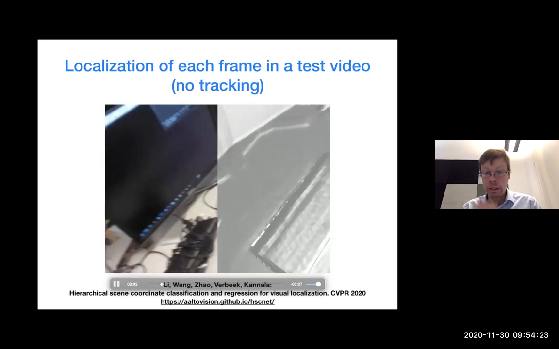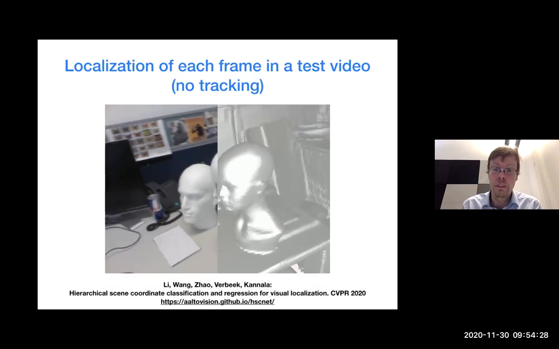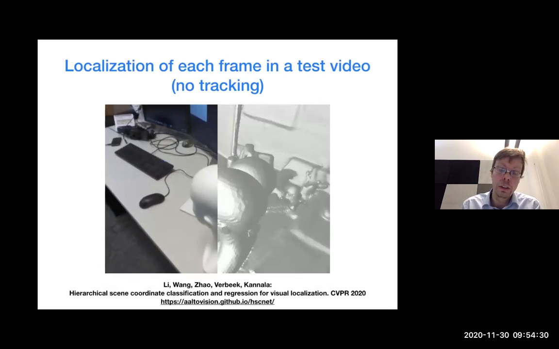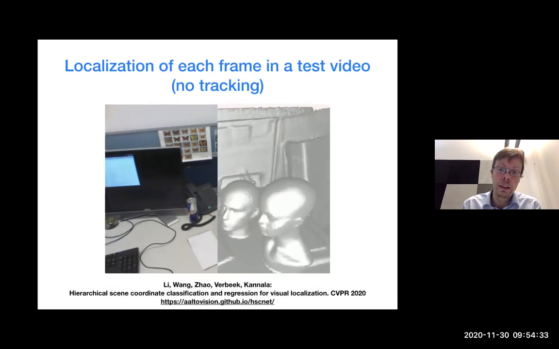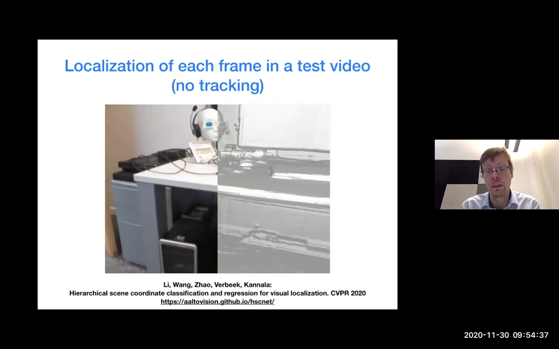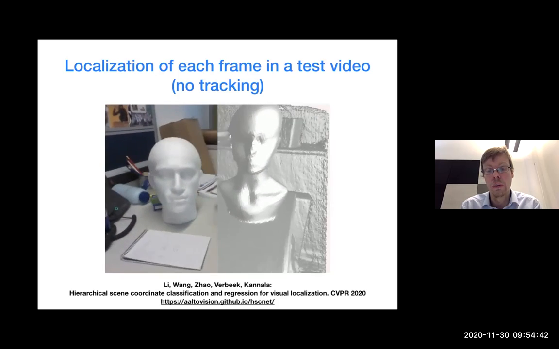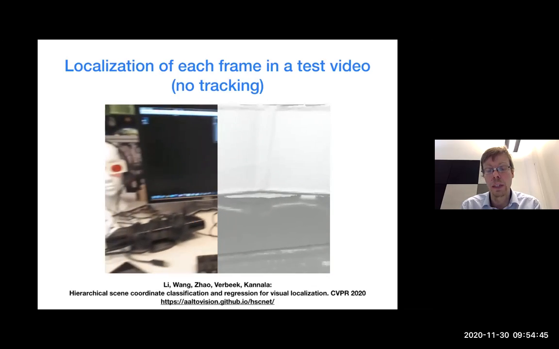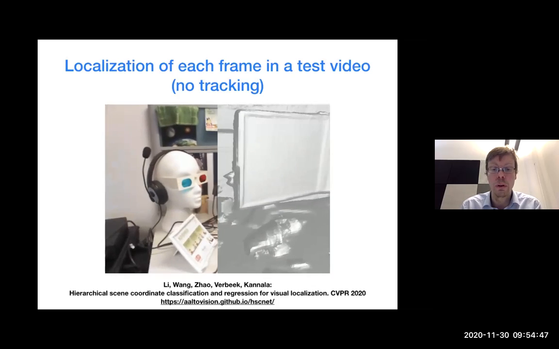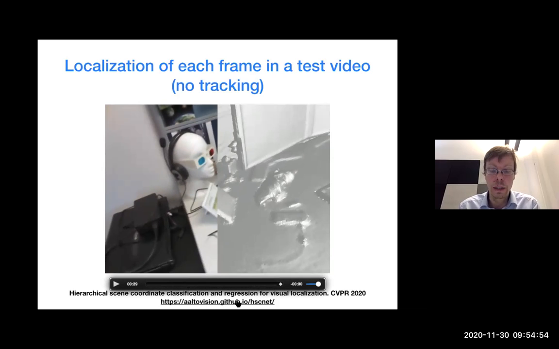So here we see that when the camera moves and we get new video frames, each one of them is localized so accurately that there is not much visible jitter or this kind of errors. So the 3D model rendered from the estimated pose overlays very well with the image. And there are additional videos available from our project page.